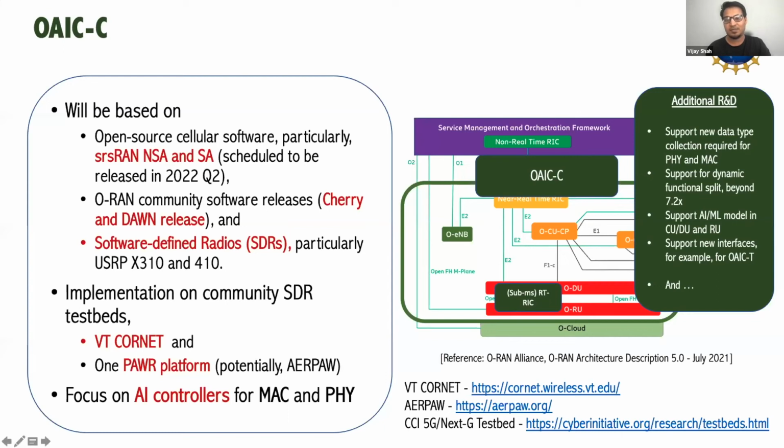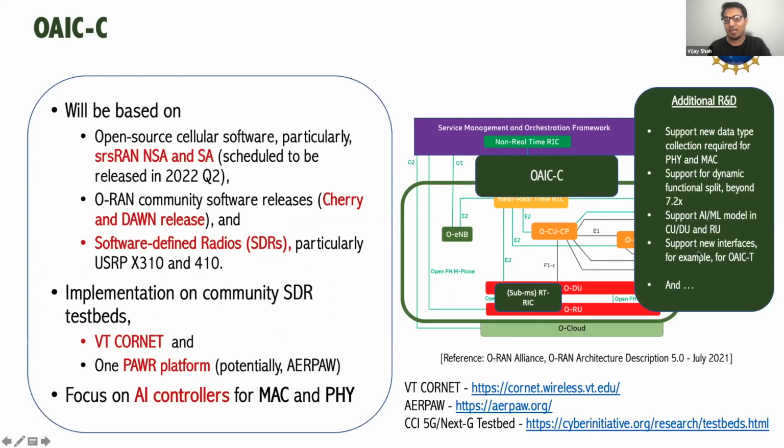These are some of the research and development questions we ask. Can we support new data type collection so that we could do some physical and MAC research? Can we support some dynamic functional split so that we can have IQ data in frequency and time domain, so that we go beyond 7.2x? And obviously, because we want to do AI, we want to support AI/ML models in those lower layers.